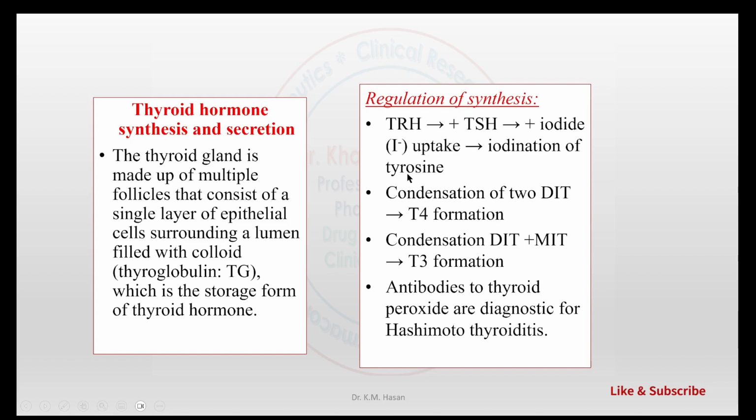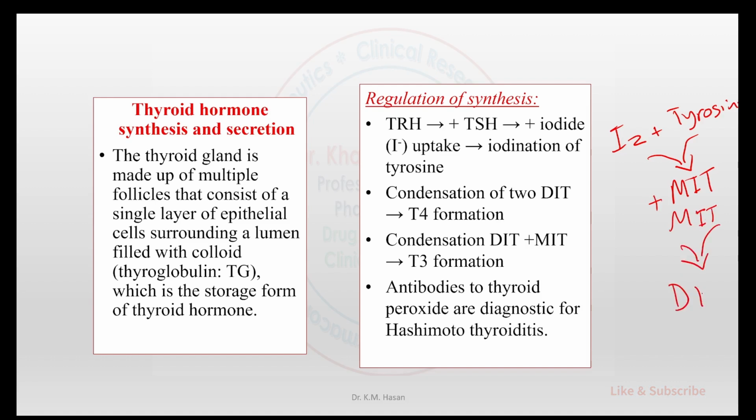So iodide is converted to iodine, which may bind to the tyrosine. Let me explain that. Tyrosine with the iodine will lead to the formation of MIT, monoiodotyrosine. Then monoiodotyrosine will condense with another monoiodotyrosine, and this will lead to the formation of diiodotyrosine.